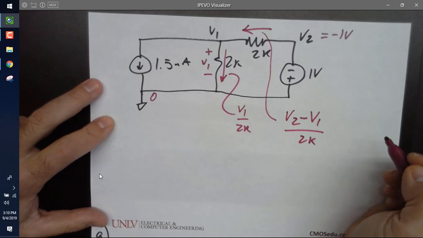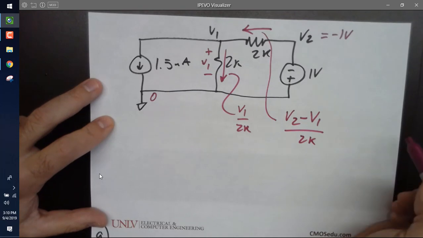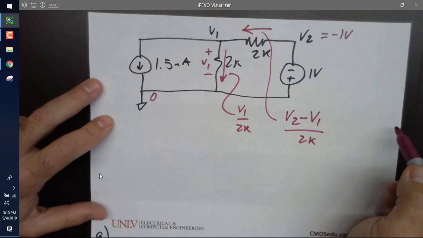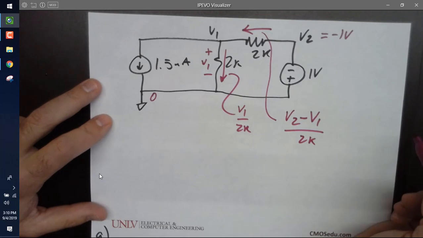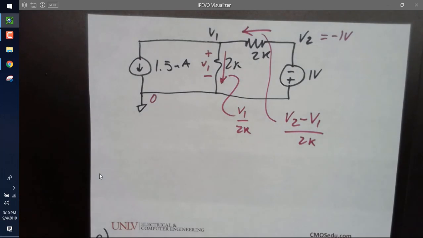And I know V2 is -1. Okay, does everybody see how I'm approaching this? Okay, so now I've got everything ready. I'm done. What's the last thing I need to do? Before I do that, what do I need to write?